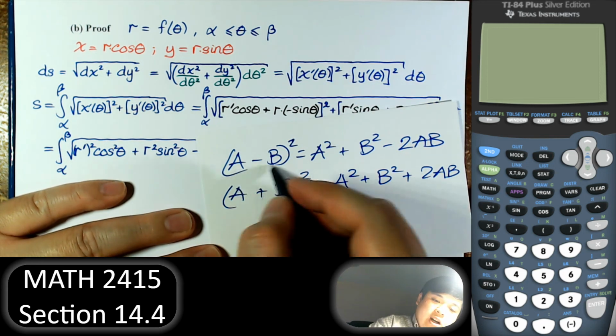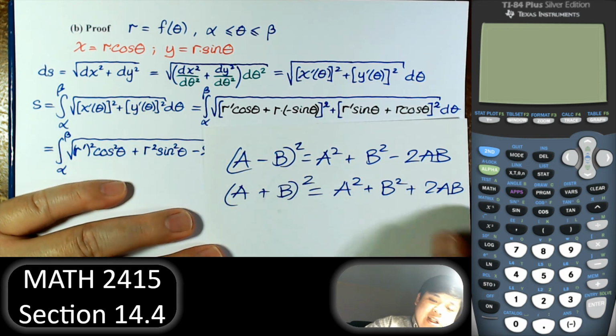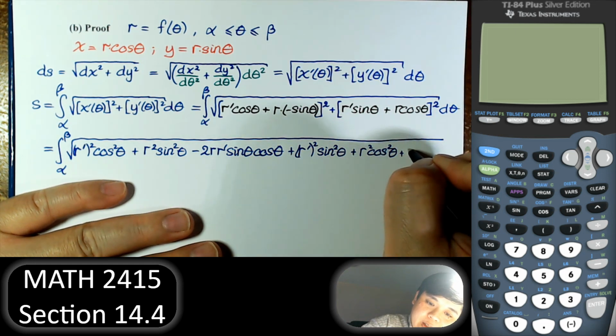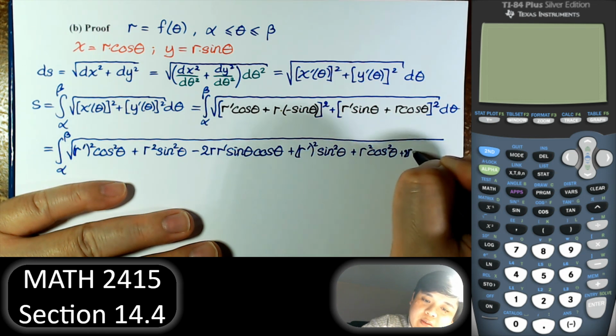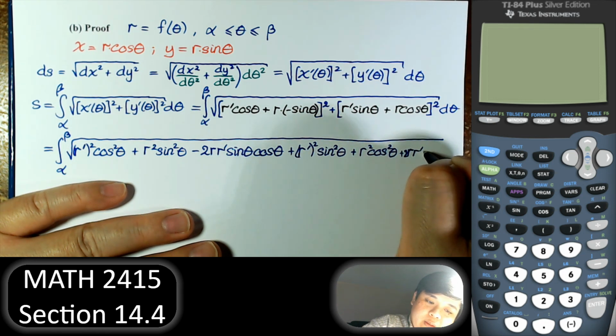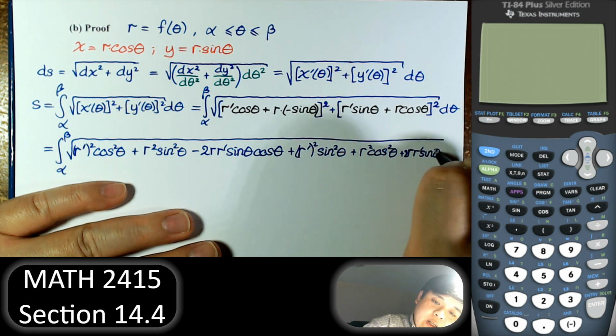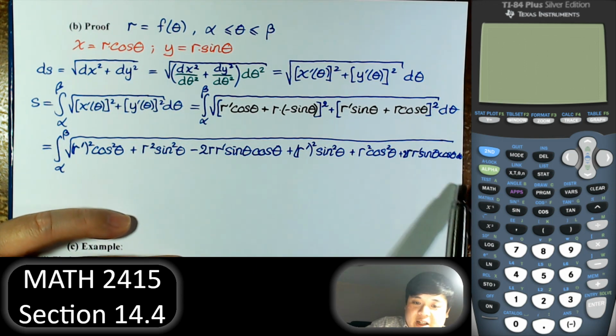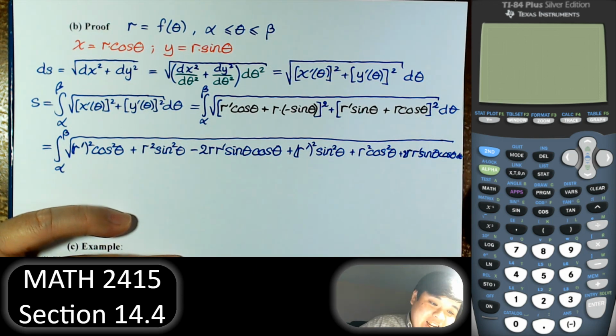So of course we have one like this, one like that. So this is plus in the middle, so we have two of them: 2 times r prime sine cosine d theta. Sorry, that d theta.